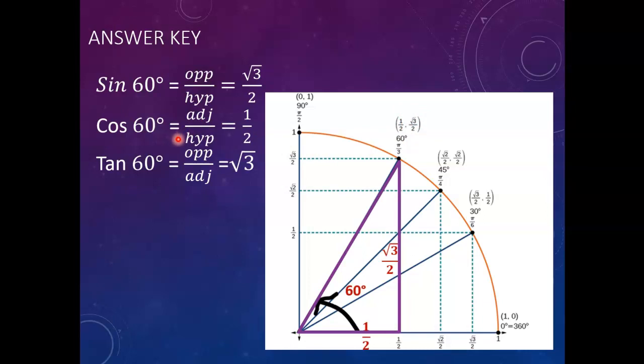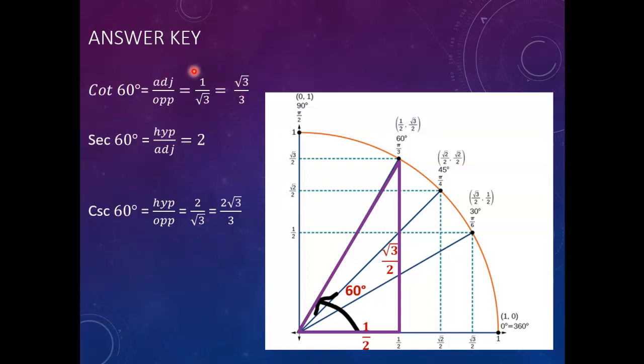Then cosine 60 degrees, adjacent over hypotenuse, is equal to 1/2 over 1, which is just 1/2. And this one follows: tangent 60 degrees is opposite over adjacent. We cancel the 2, and so we get square root of 3.